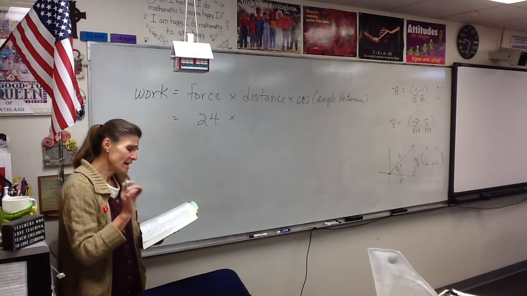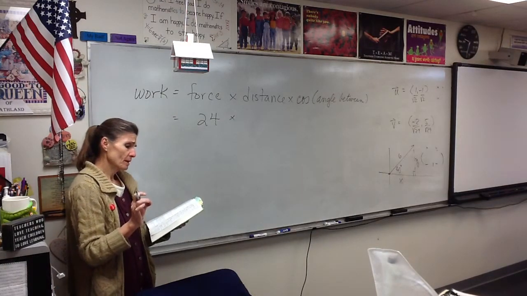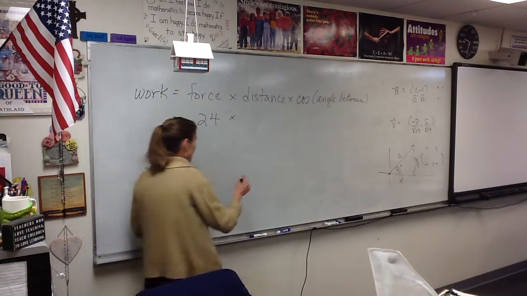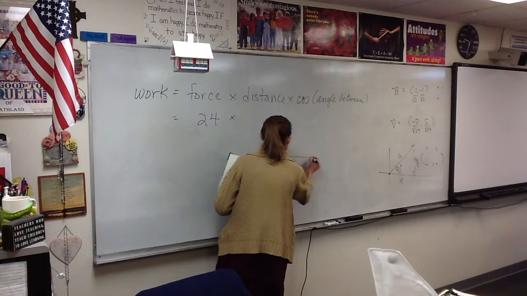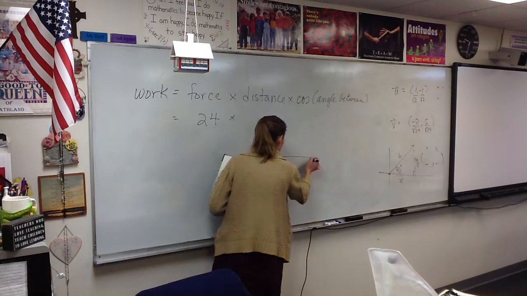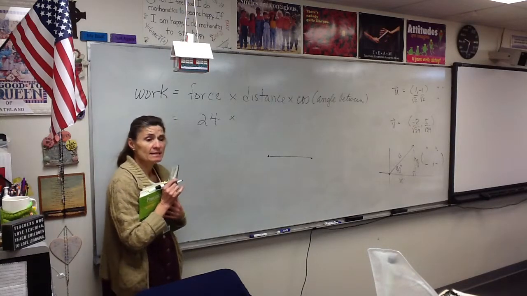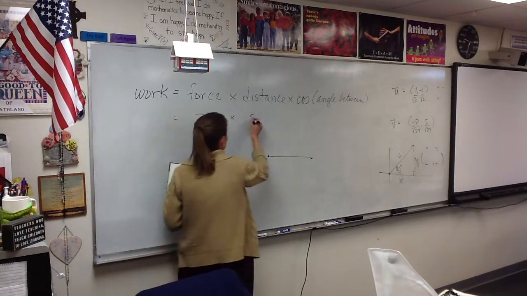It's moving an object 5 feet from (0, 0) to (5, 0). So the object is moving on the horizontal. Would everybody agree? And its distance is 5 feet.